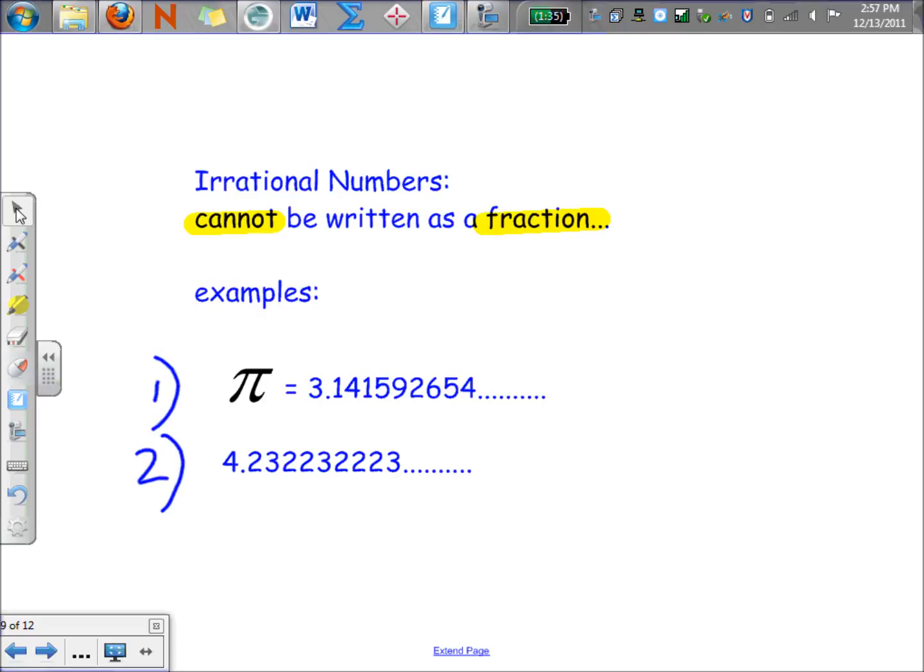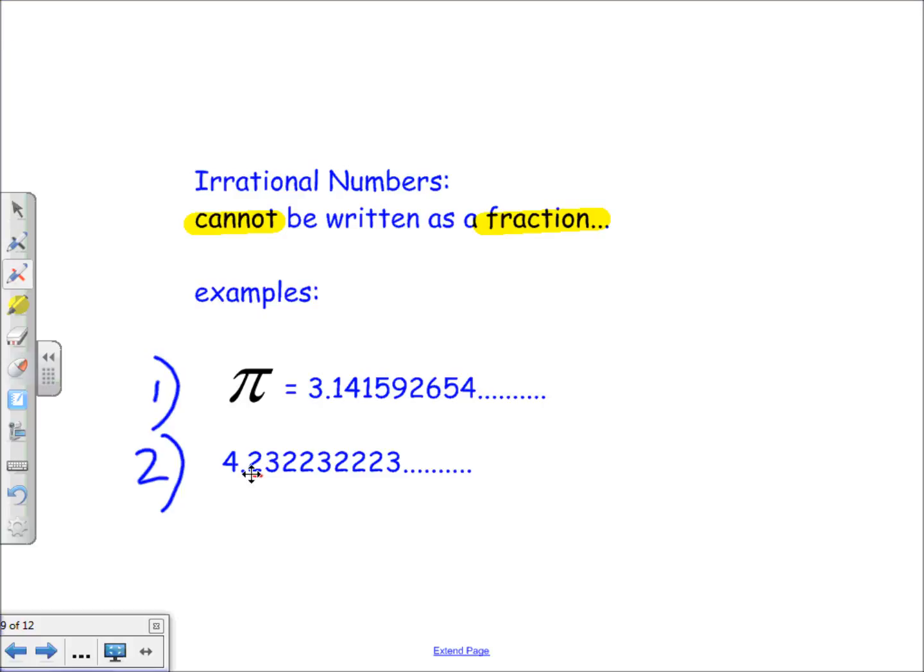So pi is one example of an irrational number. Another example is something like 4.23223. You'll notice there's a 2, then there are 2 2s, then there are 3 2s. That has a pattern to it, but it never repeats. So therefore, it also cannot be written as a fraction. That would be another example of an irrational number.